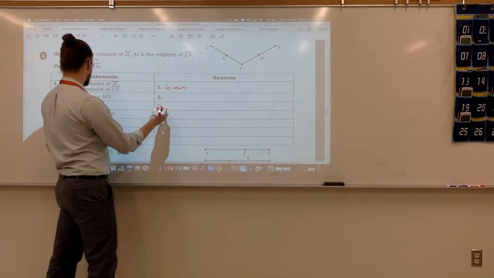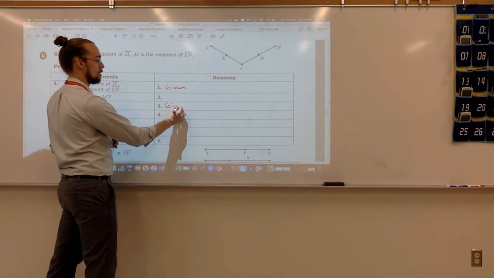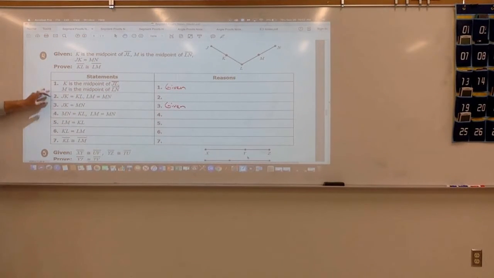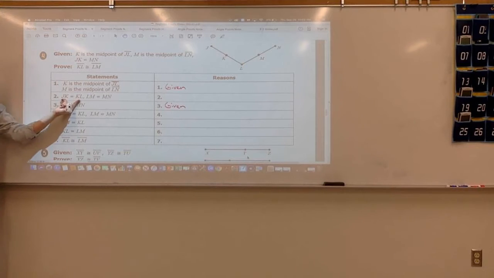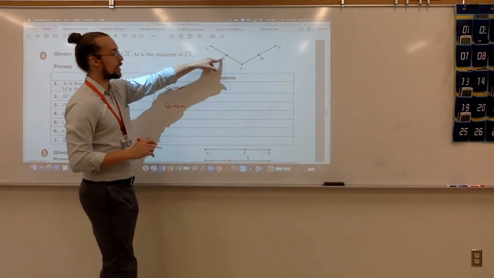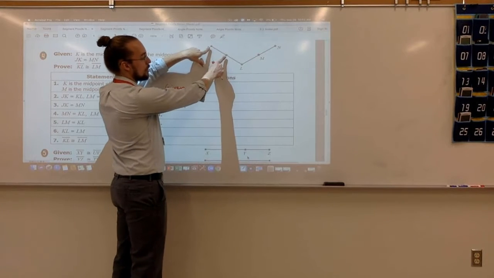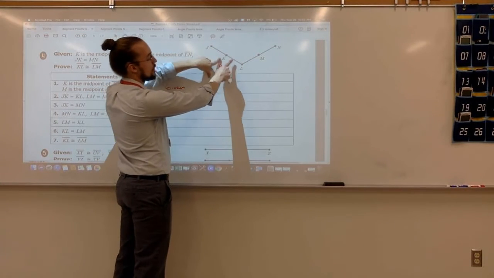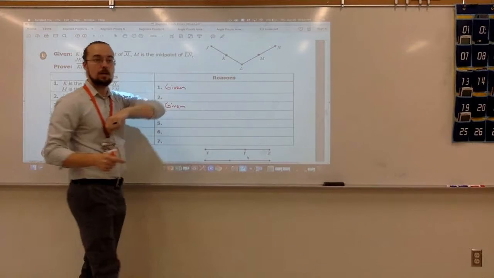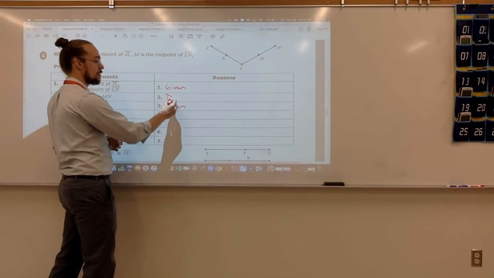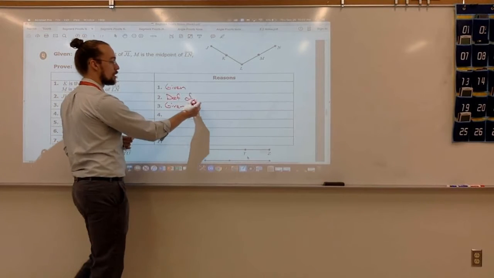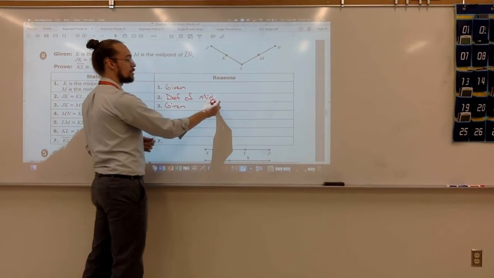We said that the first and the third lines were given, right? Well, the second line. Okay. So we're given that K is the midpoint of JL. Then they conclude that JK equals KL. Right? So if I know K is the midpoint of this, they said, well, that means that this has to equal this. That's our definition of a midpoint. Okay? The definition of a midpoint just says a midpoint cuts a segment into 2 equal pieces.